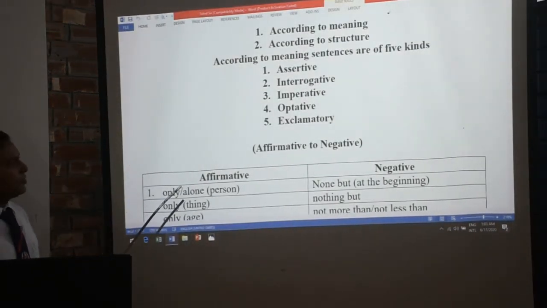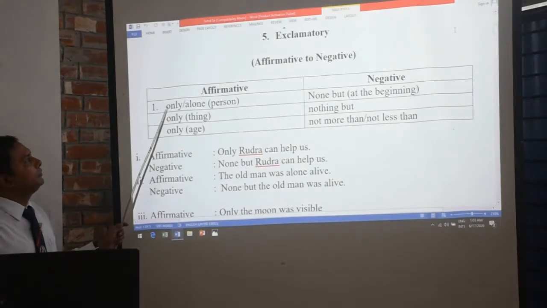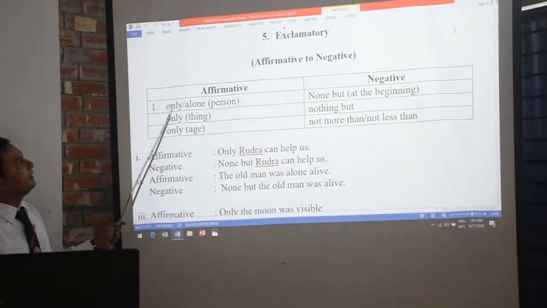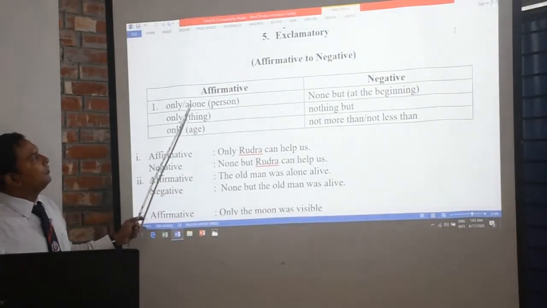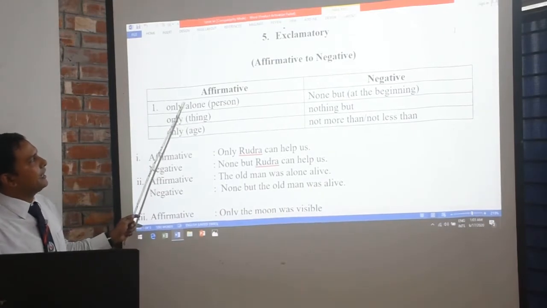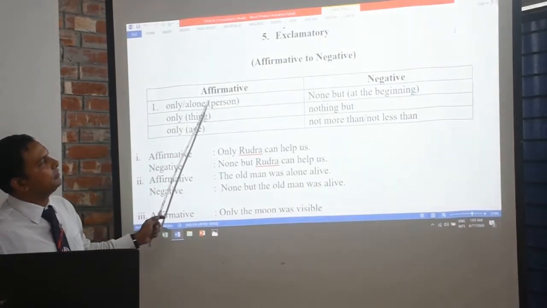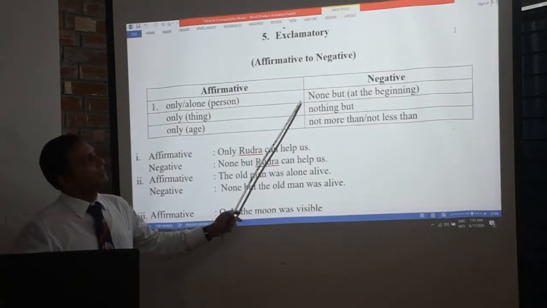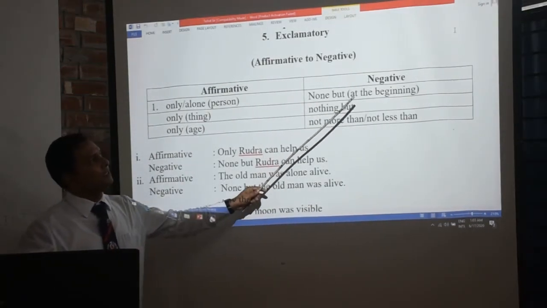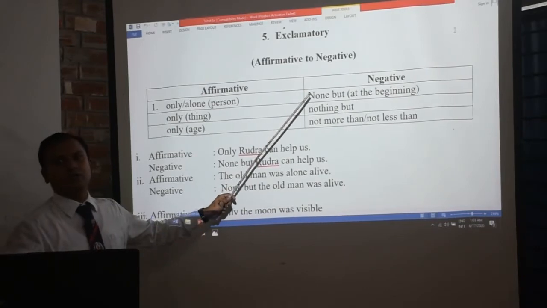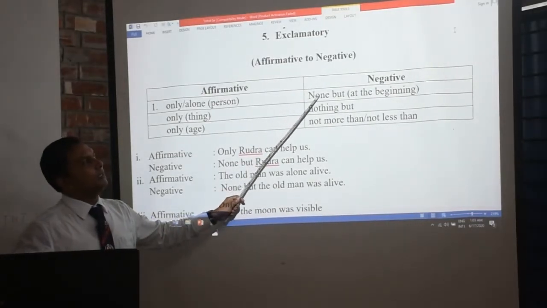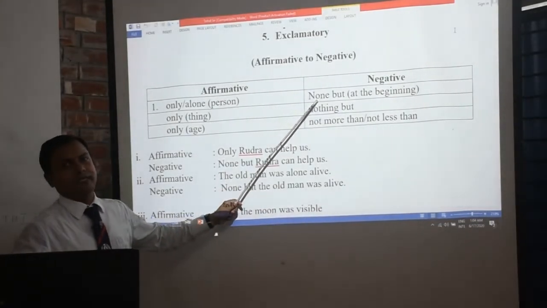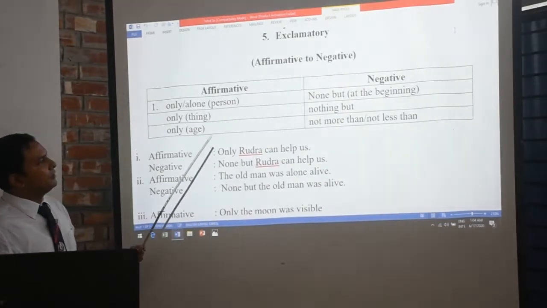Dear students, see the first rule: if you see only or alone in any sentence and it means person, these words will be replaced by none but in negative sentence, and none but will be used at the beginning of the sentence.